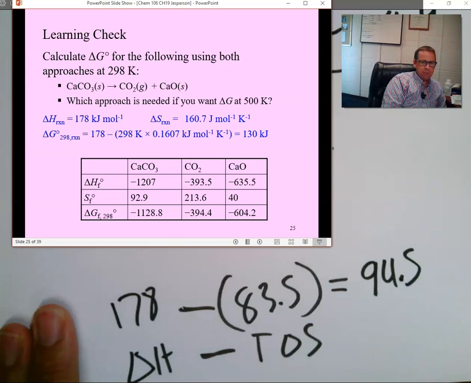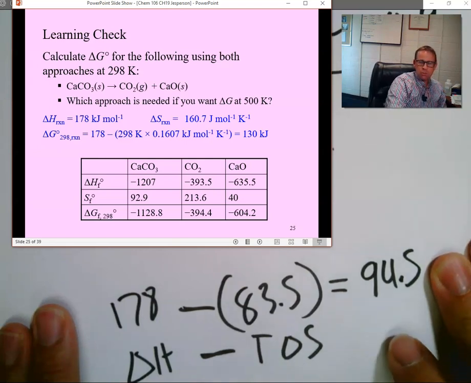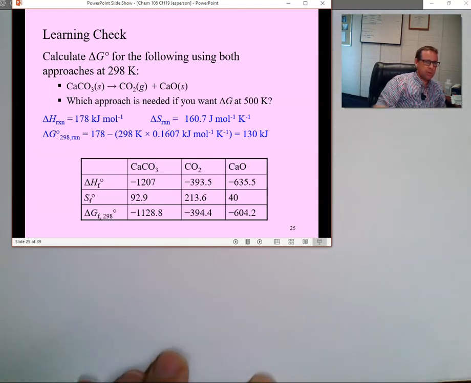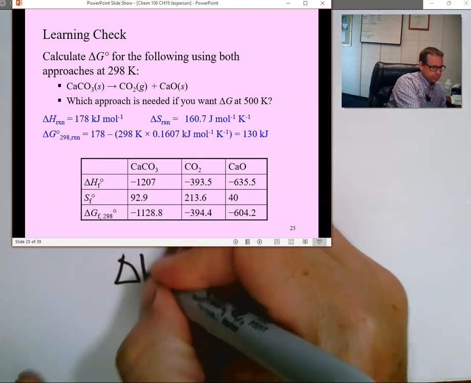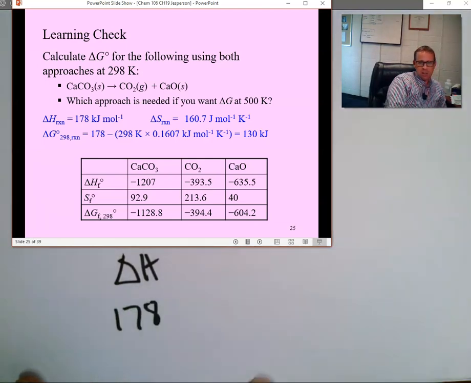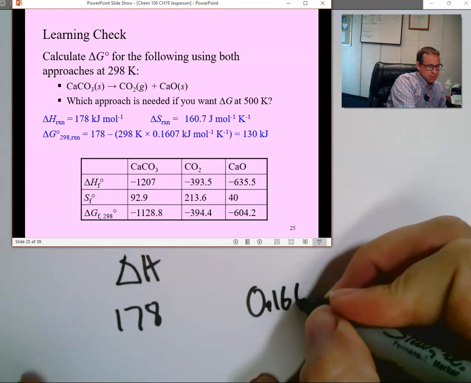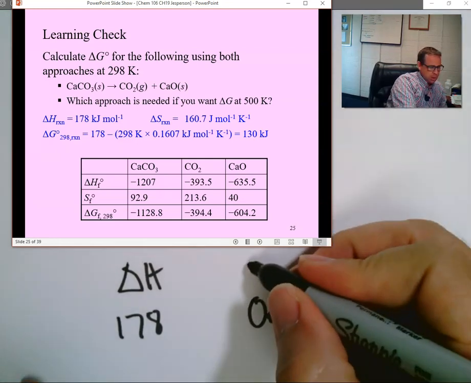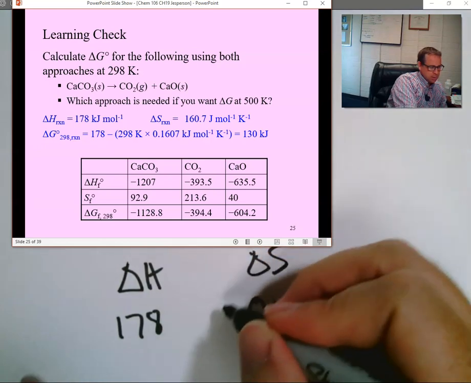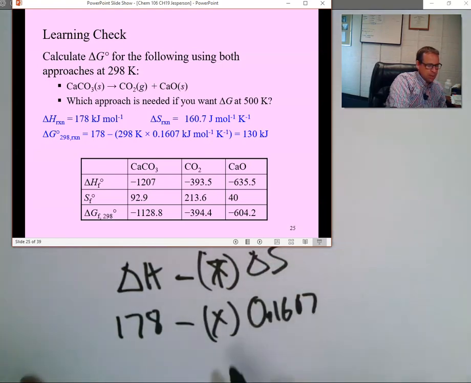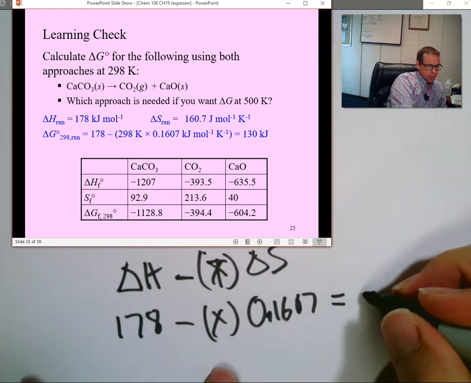So, if we wanted to find out what temperature this reaction would be spontaneous at, we can take our delta H, 178, it's a positive value, right? But because the delta S is also positive, 0.1607 in terms of kilojoules per mole, that's our delta S. Now we're just going to put X in here for the temperature to find out what temperature is necessary, and we'll put in here a 0.